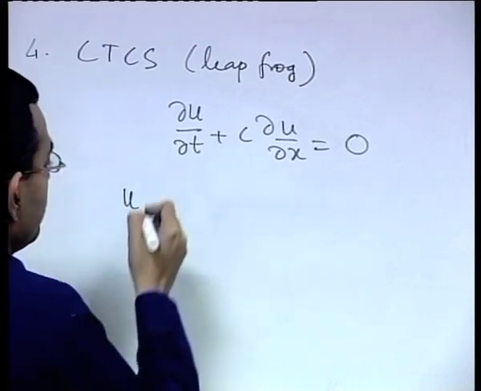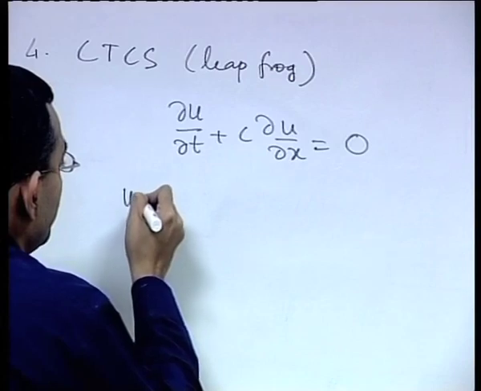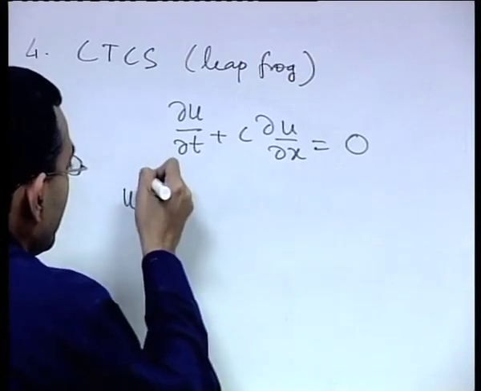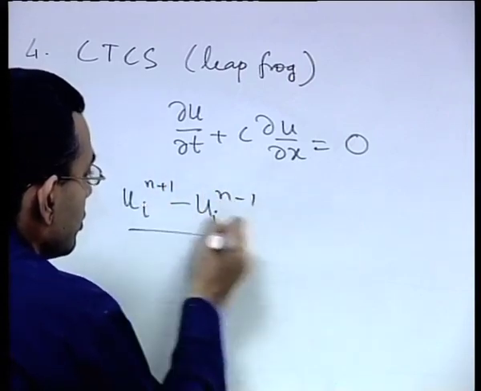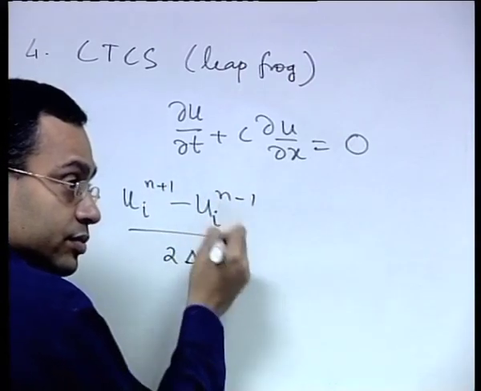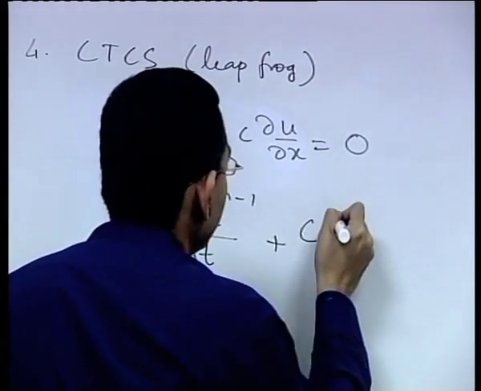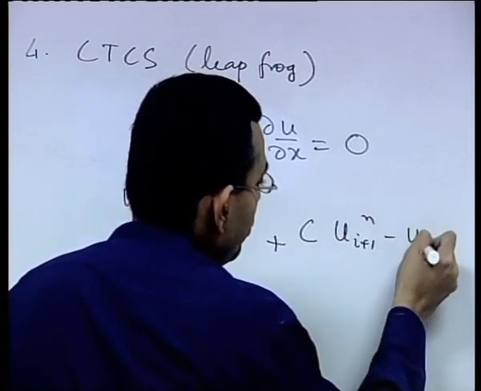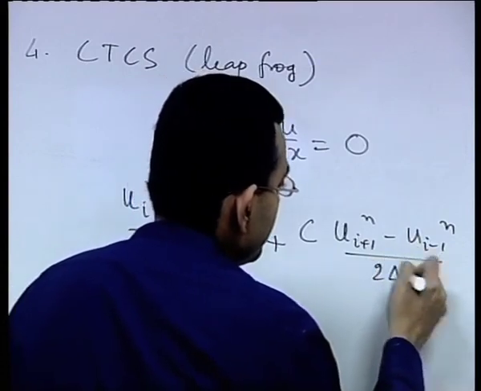So, central time, u I n plus 1 minus u I n minus 1 by 2 delta t, and central space, u I plus 1 n minus u I minus 1 n by 2 delta x.